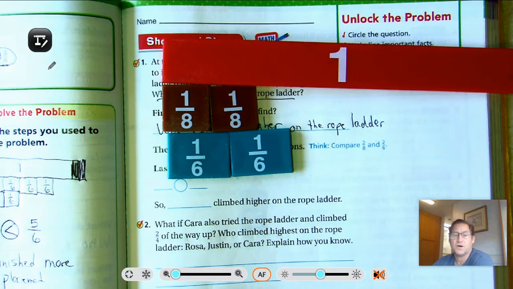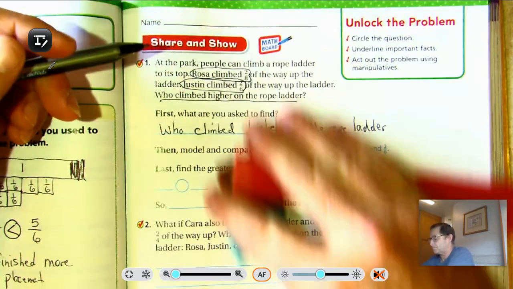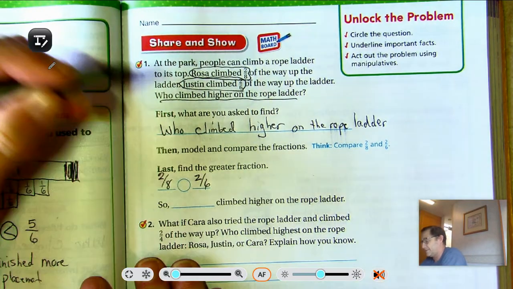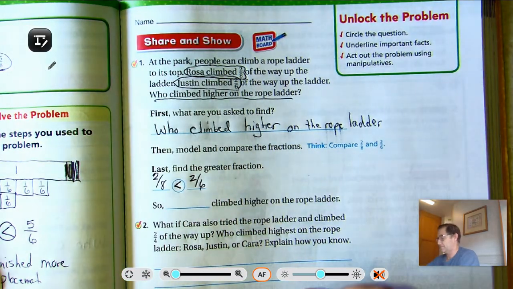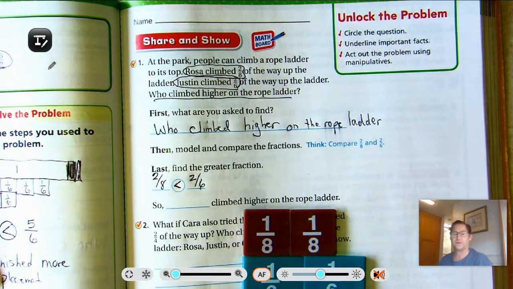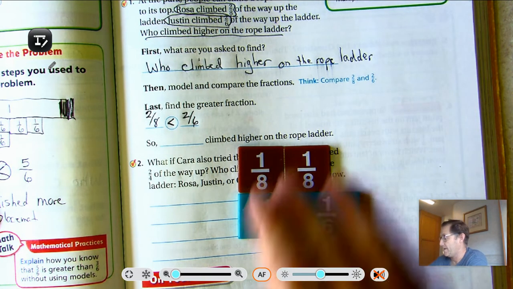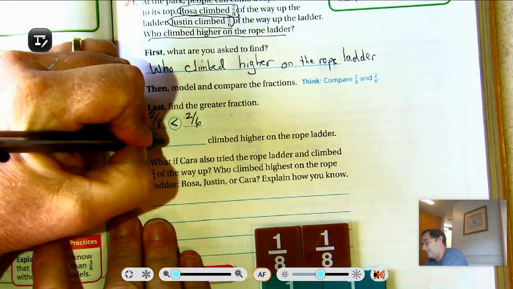Just visually looking at the model, which one is longer? The 2/6 or the 2/8? The 2/6 is longer. Okay, so 2/8 compared to 2/6. 2/8 is less than 2/6. We put 2/8 together and we put 2/6 together, we notice that the 2/6 is longer. Okay, so that means it's greater. So, who climbed higher? Justin climbed higher.